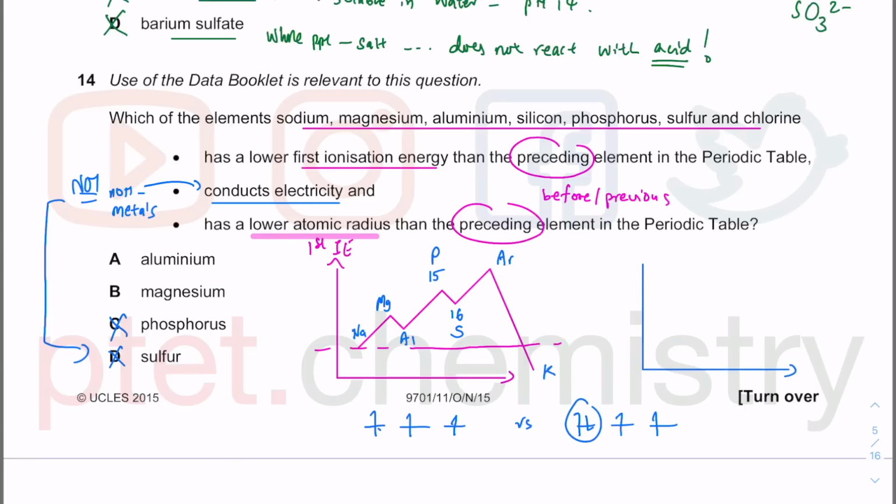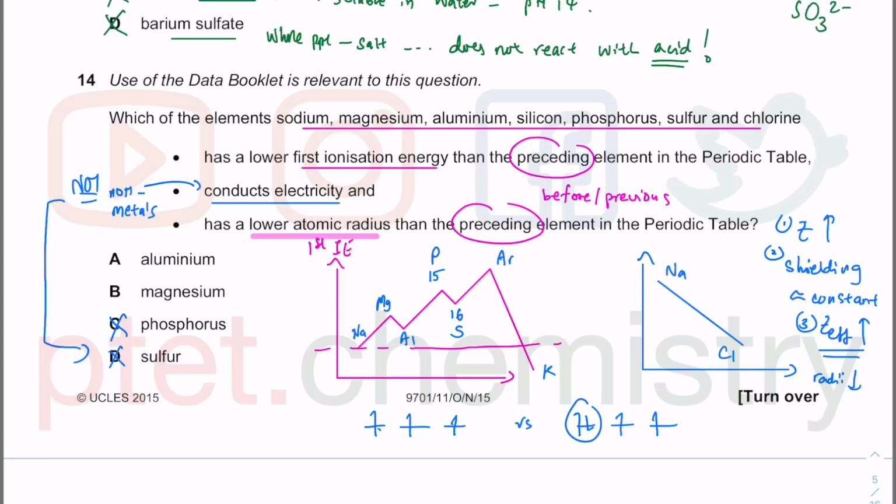Across a period, in general, your nuclear charge increases. Your shielding is roughly constant because you are filling in the same shell. So the overall effect is that your net nuclear charge will increase, and therefore your atomic radii will decrease, going from sodium all the way to chlorine.